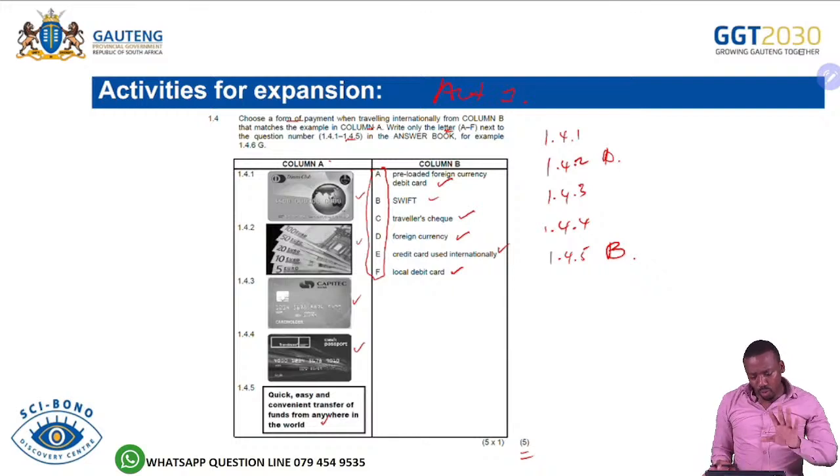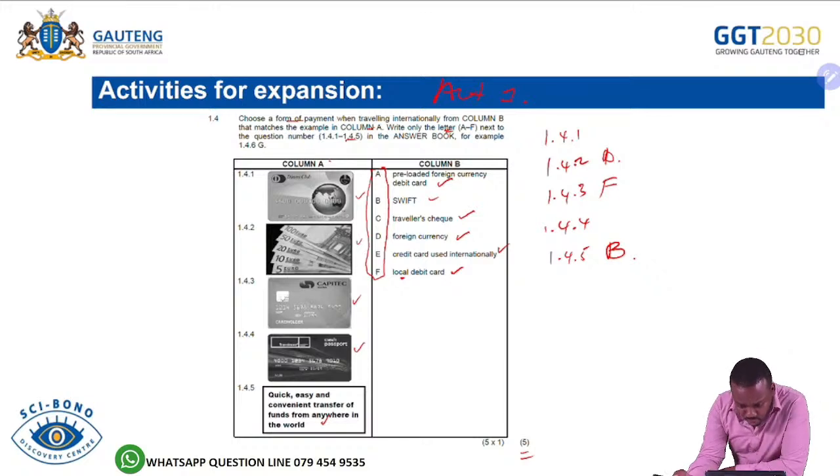This is you now. You read, you interpret the picture, read your column B. Capitec. So check there. Under F, they said what? Local debit card. So 1.4.3, there I will have F, right? And then cash passport, then it belongs to a preloaded foreign currency card.